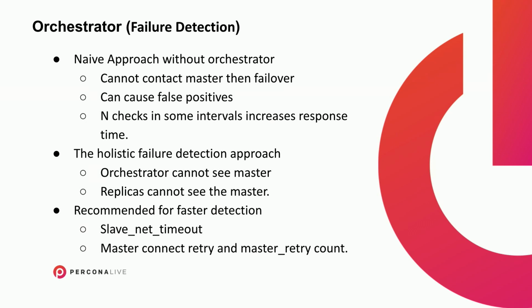Master connect retry needs to be decreased because when the failover happens and Orchestrator detects that the master is not available, by default the value is 60. We can set it to 1, so that every second the slave tries to connect to the master. As soon as the master is available, the slave will connect and Orchestrator will stop the failover. That is the approach here.